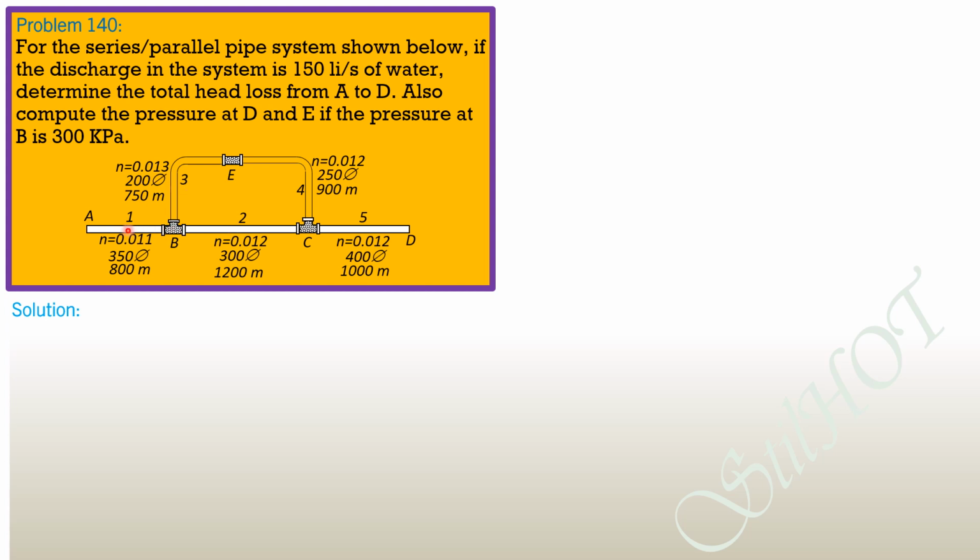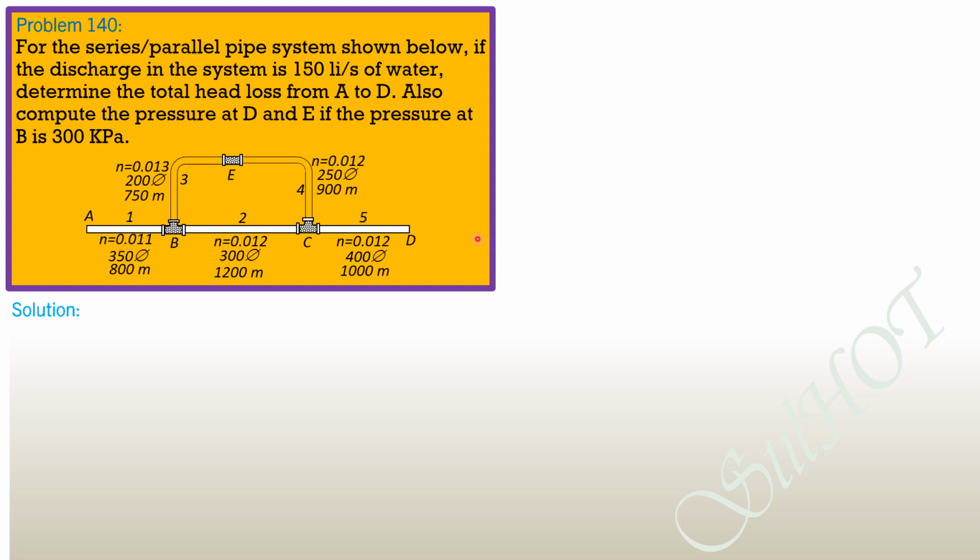We then apply the equation Q1, which is 150 liters per second, equals Q2 plus Q3. And Q3 is now expressed in terms of Q2, so we can compute Q2, which in turn we can use to compute HF2. Then we can now answer the head loss from A to D.